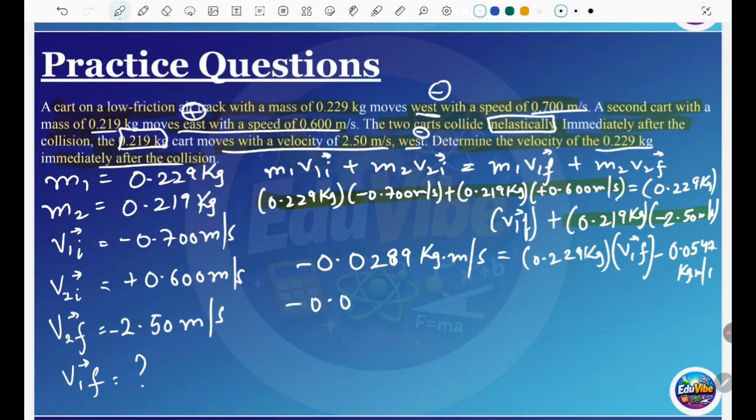So when you do this, you get 0.0829 kg meter per second.